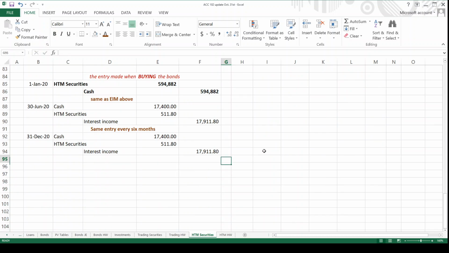So it's 51.18, and this is a 5-year bond. So we're going to divide by what? 10. And guess what it comes out to? It comes out to 511.80. So I'm going to put that over here. Divide by 10.